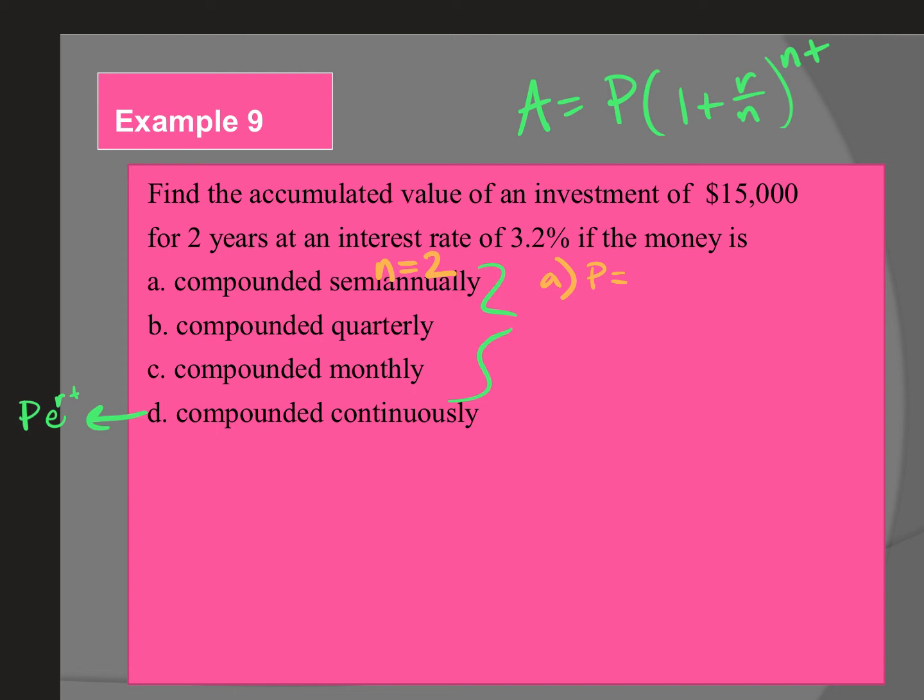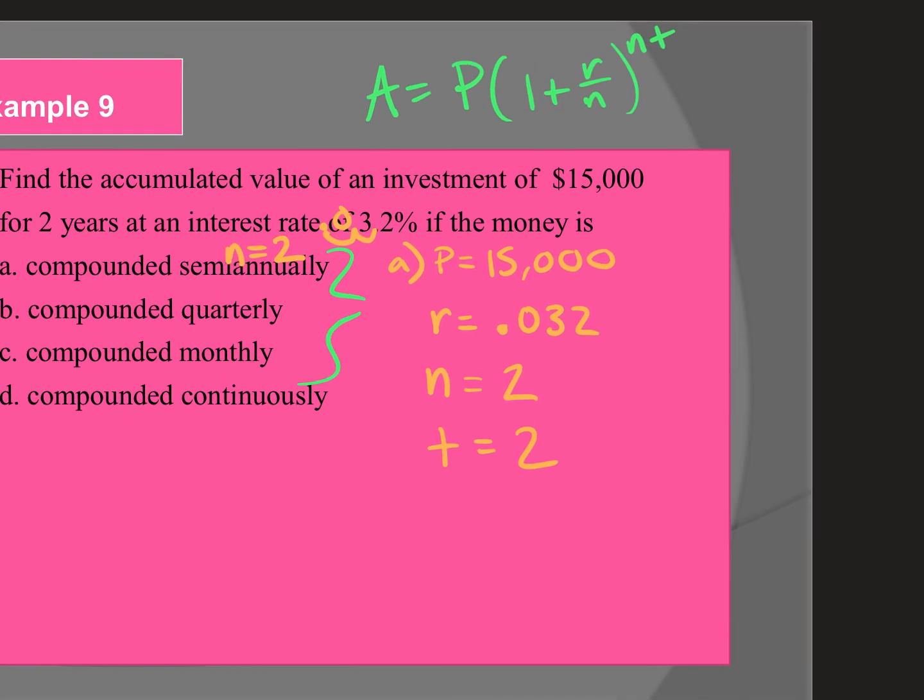So principal, the starting amount. How much money am I starting with? 15,000. What's my R? 3.2%, but what's the decimal version? 0.032. We said N is 2, and what's T? How many years? 2. So let's plug everything in.